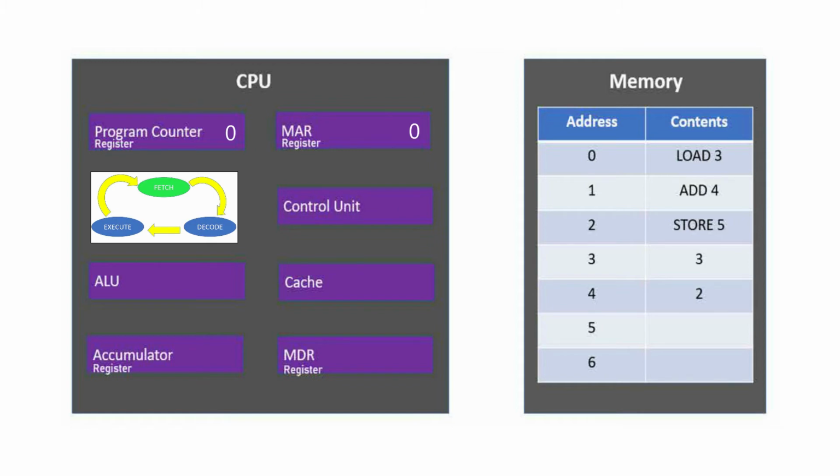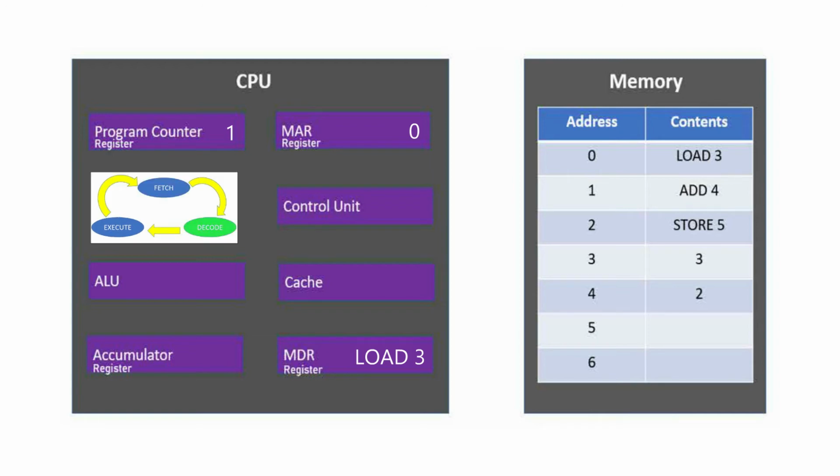The control unit sends a signal to this memory location, 0, and the actual data is transferred to the memory data register. Cache is used to store a copy of this data. This is the end of the fetch cycle, and so the program counter increases by 1.